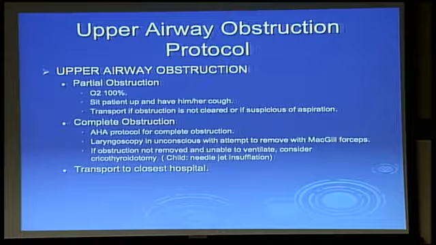For a complete obstruction, follow the AHA protocol, including the Heimlich, and then if they become unconscious, the thrust, and then laryngoscopy in unconscious patients with McGill forceps to remove the foreign body. If you are not able to remove the obstruction, not able to ventilate, then that is a case for cricothyrotomy or needle jet insufflation in a child. And this is a case that goes to the closest hospital.